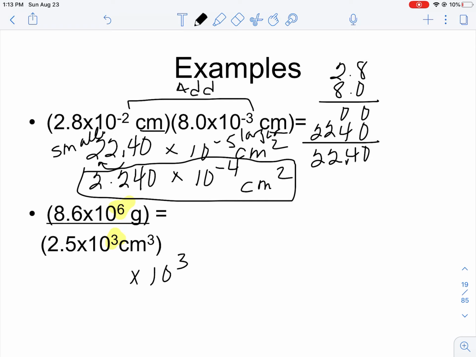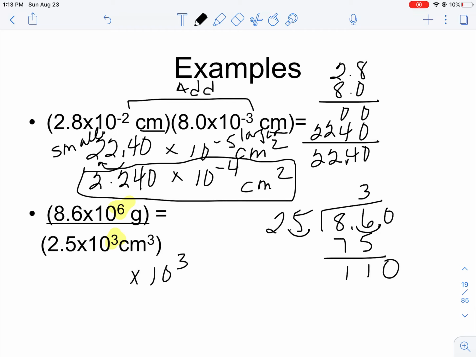And then, for fun, I guess we'll just do long division. This is not a big number, so we're okay. Move our decimal places. 25 goes into 86 3 times. Subtract. Add a 0. 100.